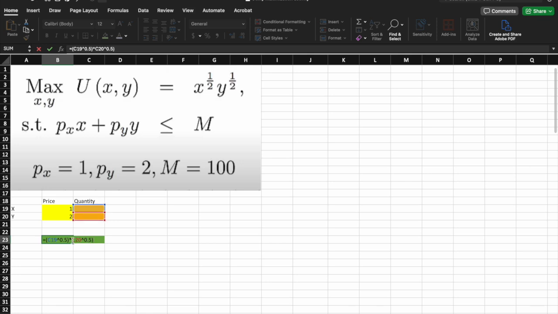And again, we'll put parentheses around here. Okay, so that's going to calculate the utility that we get once Solver starts changing these, and it'll help us to maximize the utility. So we'll label this utility.